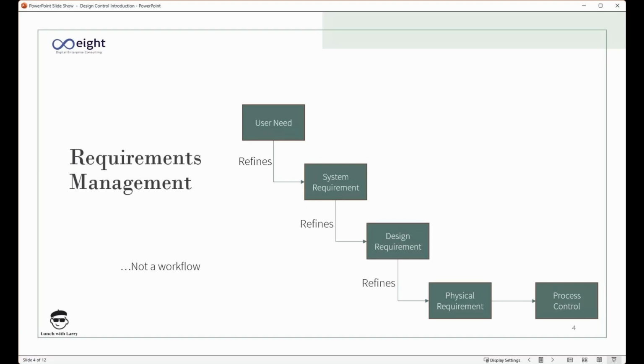It's important to understand that this isn't a workflow. Whenever somebody hears the word requirement, especially software people, the hackles go up on the back of their neck, because they're thinking we have to define everything before we actually do any design work. And that's really not what this is intended to do.